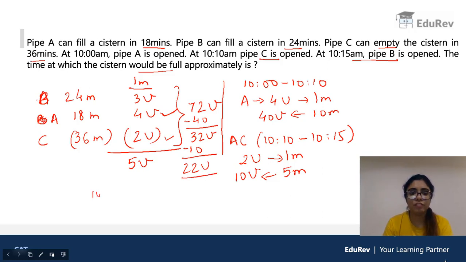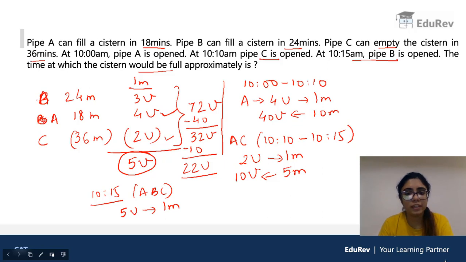Now it's 10:15. Now A, B, C, all 3 are working. Now the question is, at what approximate time will the tank be full? Abhi dekho kya hoga? All 3 are open. So 5 units will get filled in 1 minute.